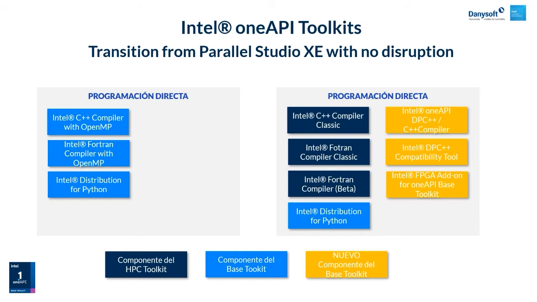We will have the compatibility tool too to migrate code, and this add-on for FPGA, the toolkit for FPGA, in order to adapt our code to this kind of processors.